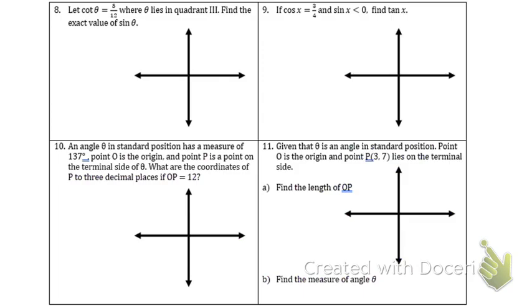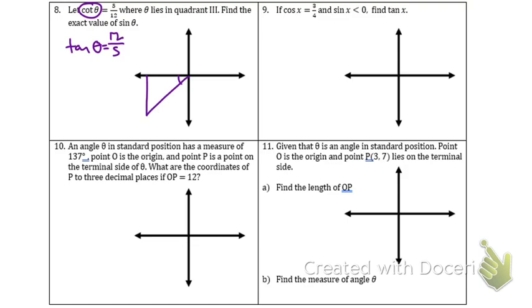Okay, this is kind of getting away, I think, from the unit circle a little bit. But let cotangent equal 5 over 12, where theta lies in quadrant 3. Find the exact value of sine of theta. So I'm going to first label a reference triangle in quadrant 3, and I'm going to automatically rewrite anything as a reciprocal as tangent, just because I'm more familiar with that.